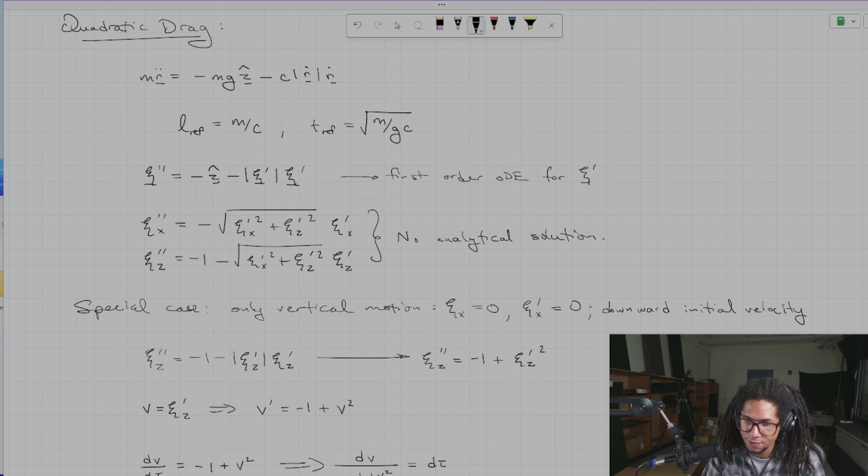And actually, as it turns out, it's going to be a little bit easier if I switch the negative sign and put it over here. This is a heuristic for how to solve so-called separable differential equations. But it should always work.